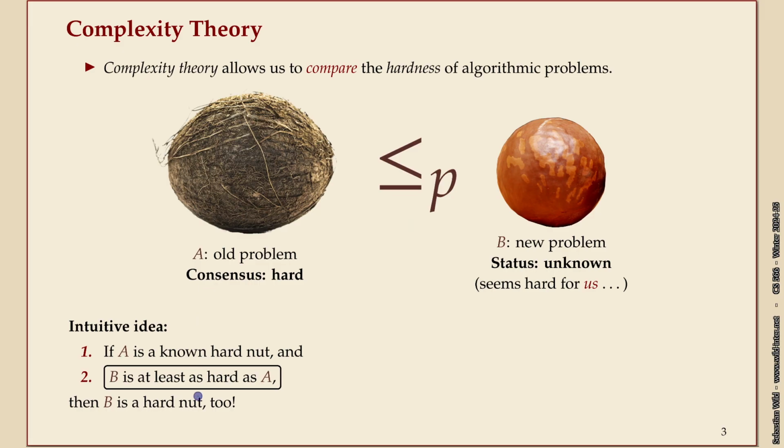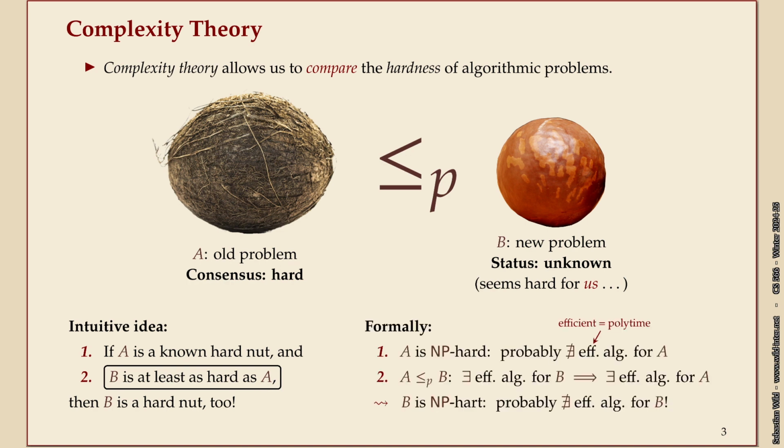The intuitive idea is if A is known to be a hard nut and B is at least as hard as A, then, well, B is also a hard nut. Okay? And in complexity theory speak, we would say A is NP hard, which means that probably there is no efficient algorithm for problem A. Then we would show this property, which means that B reduces to A. And you can read this less or equal as hardness.